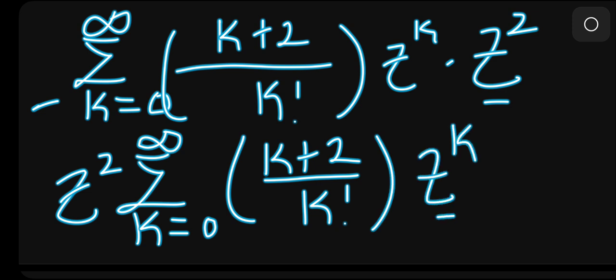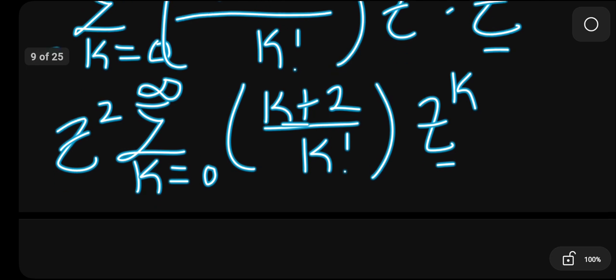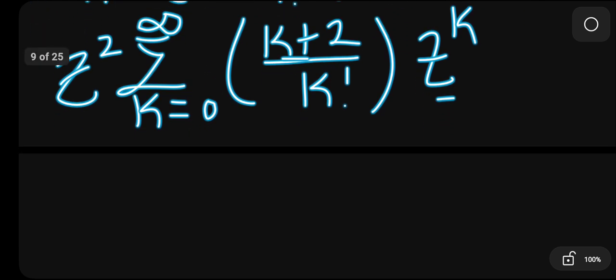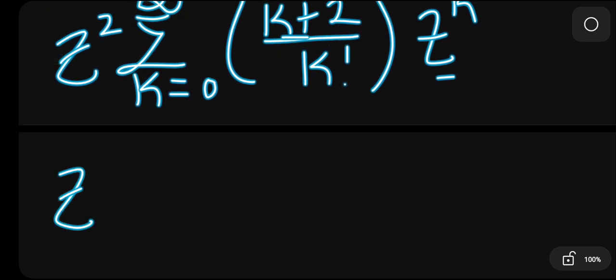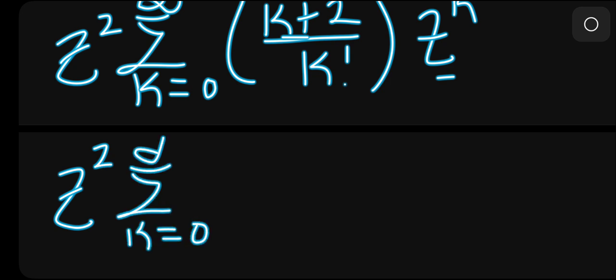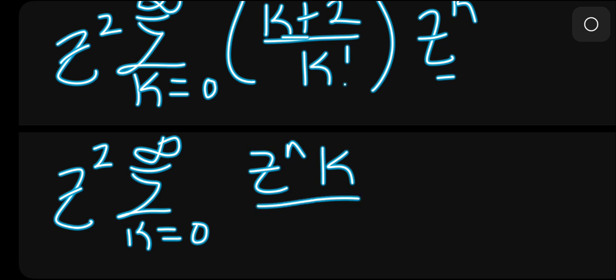Now I can distribute these ones. So I have z squared, the sum of k equals 0 all the way to infinite of, now I can distribute these ones, k on k factorial plus 2 on k factorial.